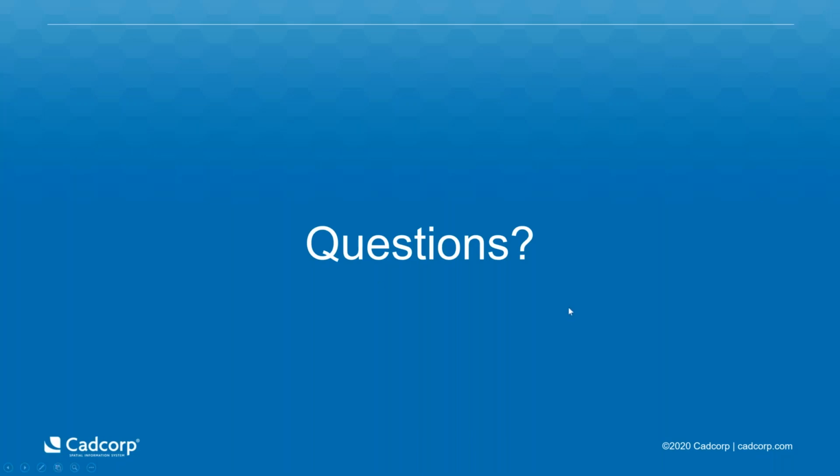And what we'll do now is we'll take any questions that have been asked as we've been doing the demonstration. So I can see that one of the first questions is for me. It's asking Cadcorp, how do I add the what3words to the Cadcorp SIS WebMap?